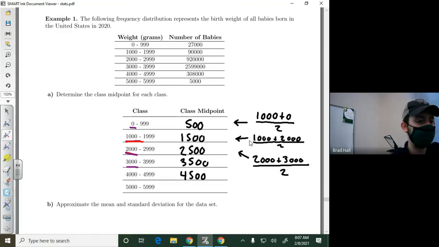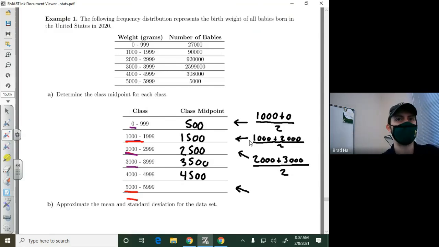So when we're trying to figure out the class midpoint for this final row, your question is, all right, it's the average between that lower limit and the next lower limit. But there's not a following lower limit. So instead, you have to sort of guesstimate what it would be in this case. So if this value ends at 59.99, next one, it's safe to assume it would be 6,000.